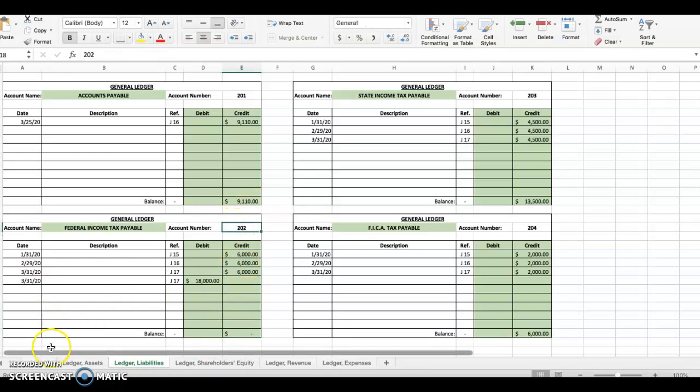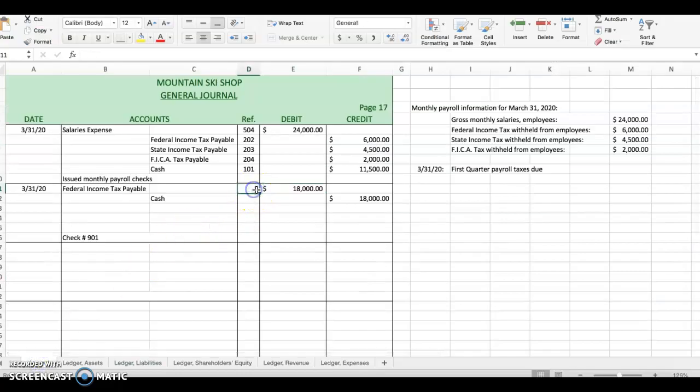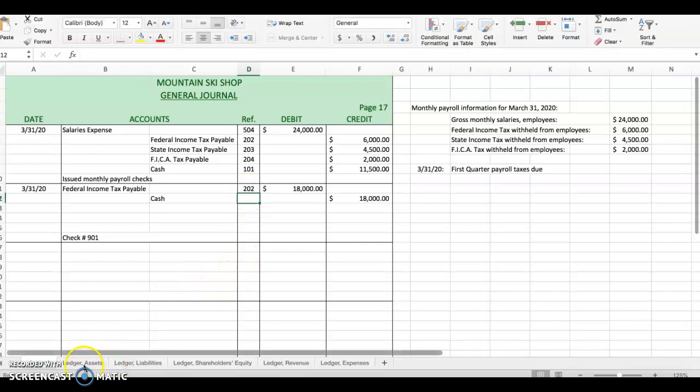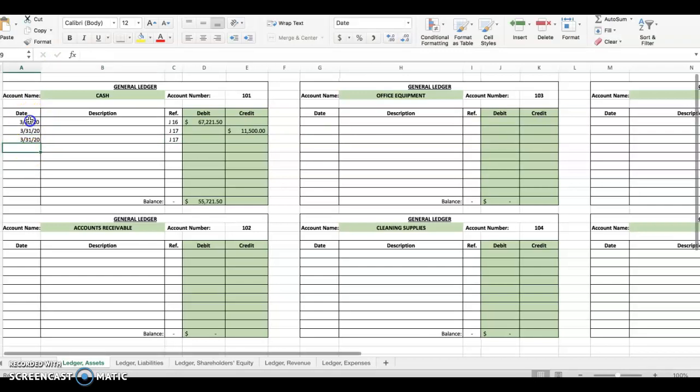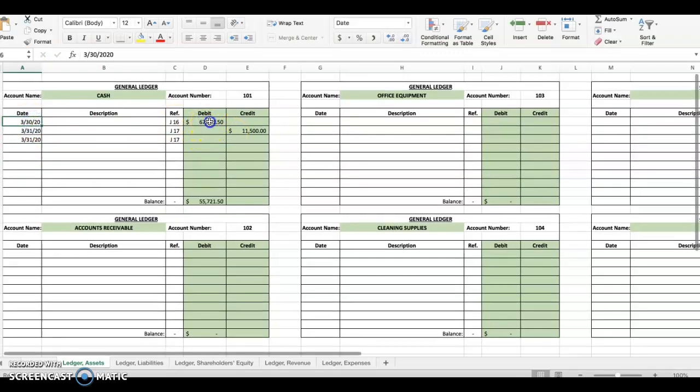So account 202 back into the journal, and then we credit cash. Asset account. Okay, journal, page 17. You see that we had, as of March 30th, an amount of $67,221.50 in cash, and that March 31 payroll entry, that net pay was $11,500.